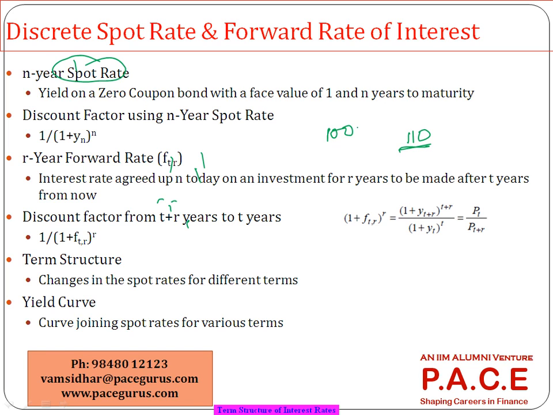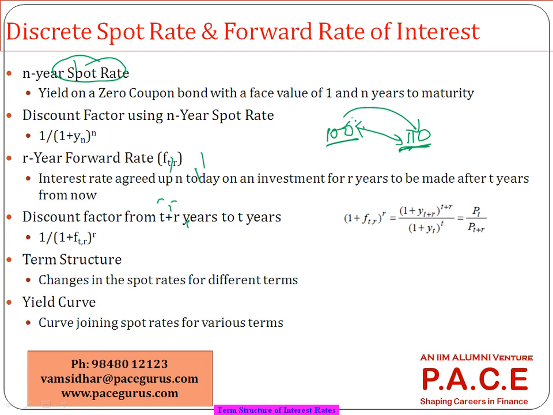This is a zero coupon bond because there are no intermediate payments between the initial date and the maturity date. Whatever yield this bond gives over the maturity period on an annual basis is what we call an N-year spot rate.